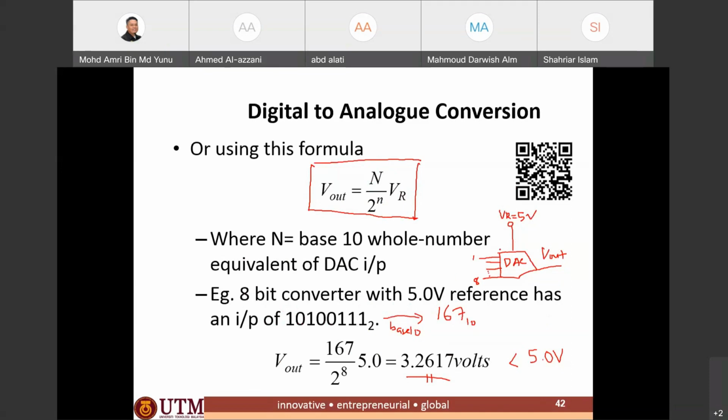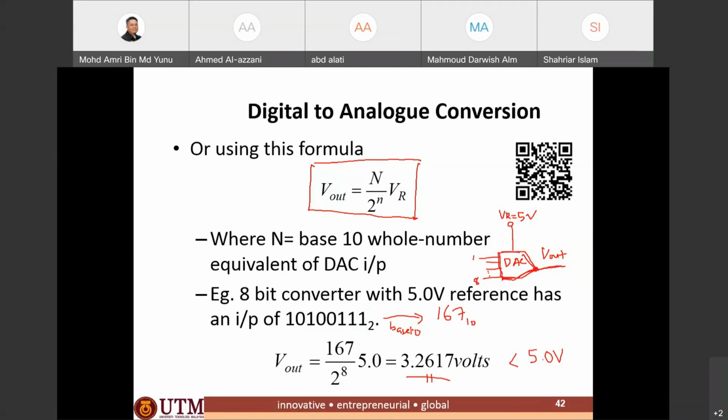So the digital to analog converter has a reference voltage of 5 volts, and it has an 8-bit input. We need to estimate the output if the input is 10100111.